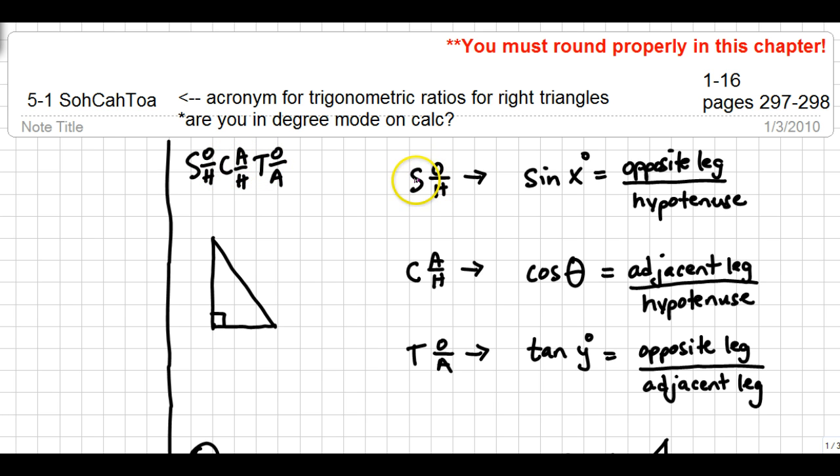And so when you're working with that acronym, the rest of the acronym helps you remember what ratio goes with which trig function. The O and the H go with sine, A and H go with cosine, O and A go with tan. So when you're labeling a triangle, you want to look for which pair of pieces of the triangle go with each one. Keep in mind that when you set up SohCahToa, you'll only set up either sine, cosine, or tangent on each problem.